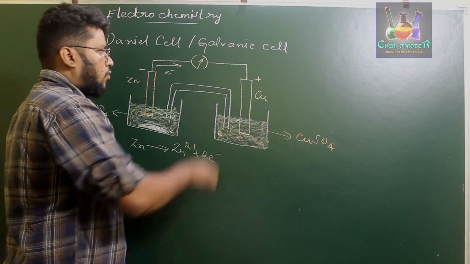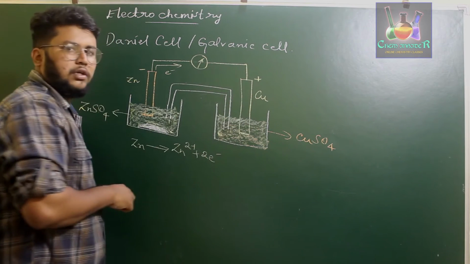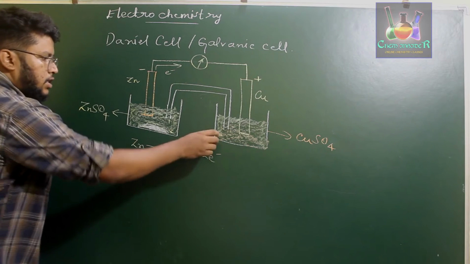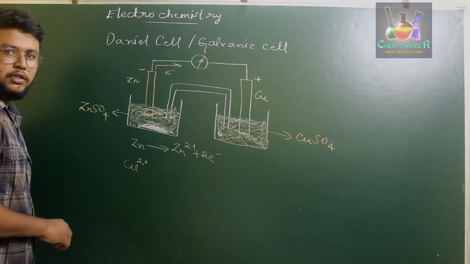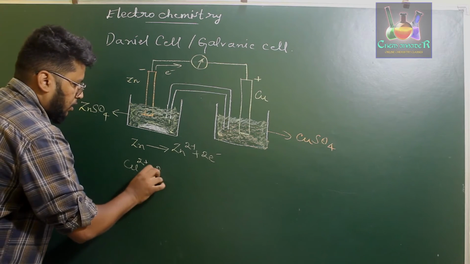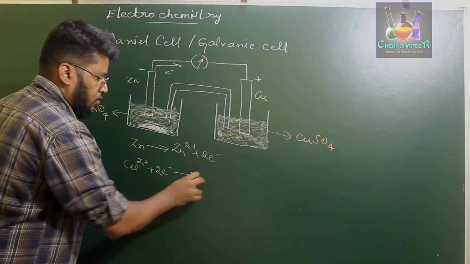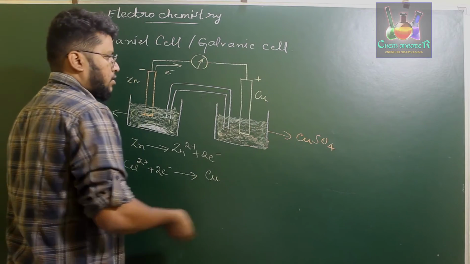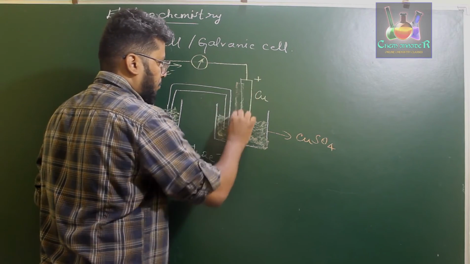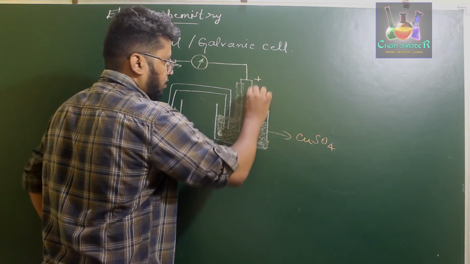Now what happens is, once the electrons come to the copper electrode, the Cu2+ ions present in the solution acquire those two electrons to form Cu and get deposited on the surface of the electrode.